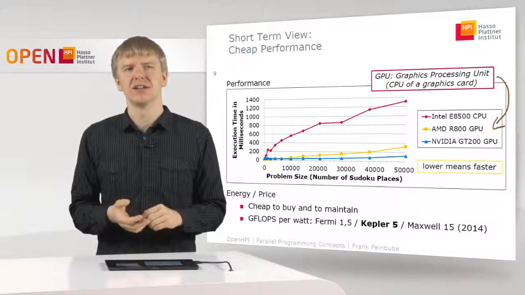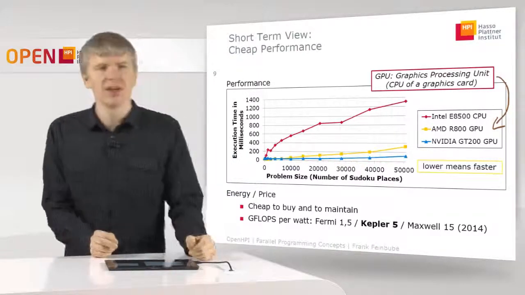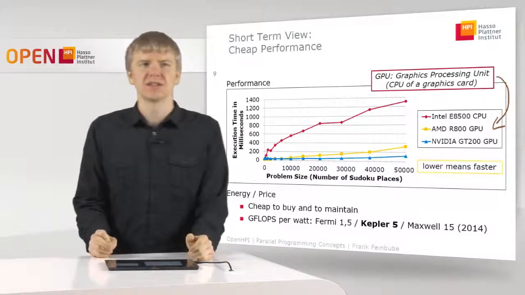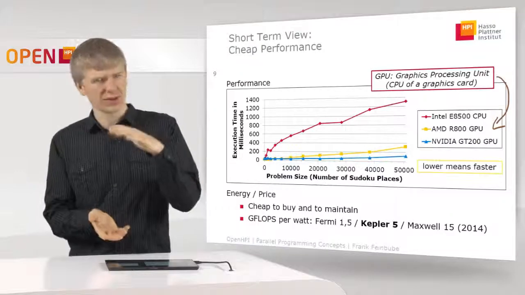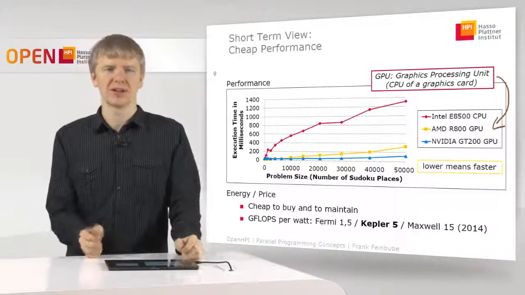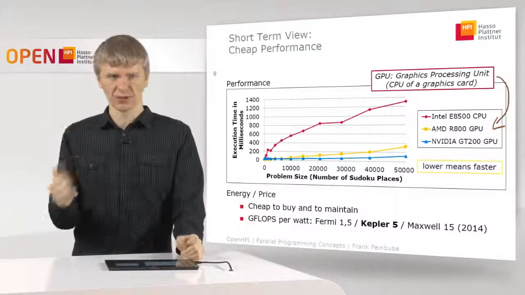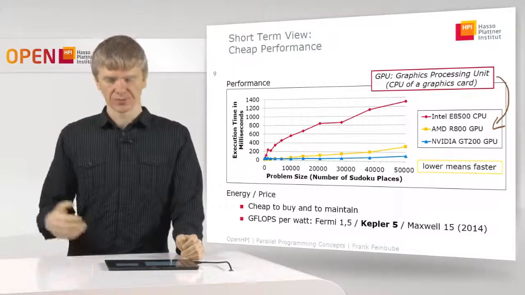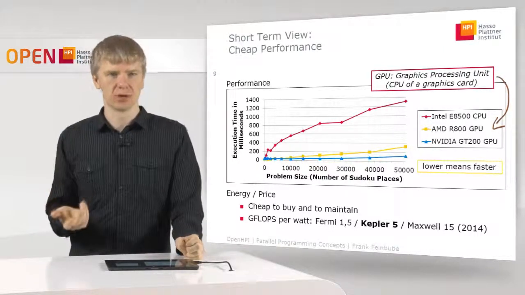In this benchmark, we see that the CPU needs a very long execution time. On the y-axis, we have the execution time, and lower is better because lower is faster. And we see that the CPU takes a long time, while the two GPUs are pretty fast. So the short-term view for using a GPU is that you can get good performance.